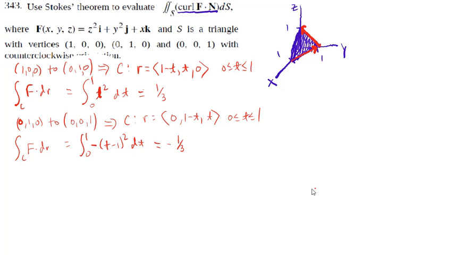And then we want to go on the final line from 0, 0, 1 to 1, 0, 0. And that completes our region. And the parameterization, much like what we did on the other two, would be t, 0, and 1 minus t.